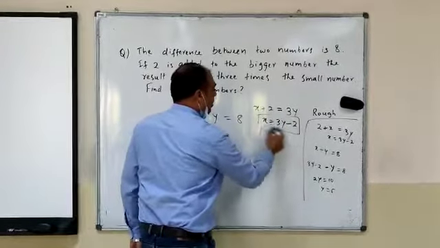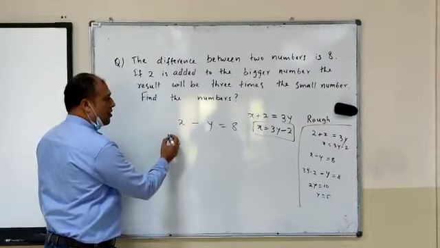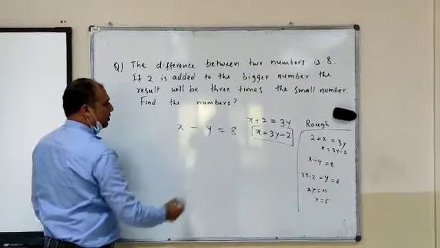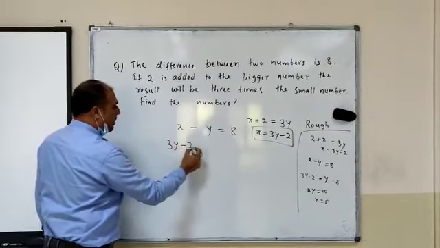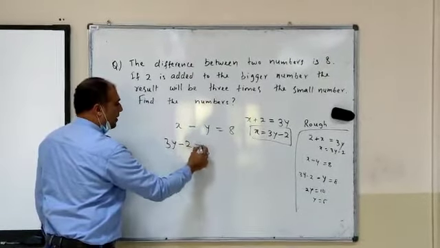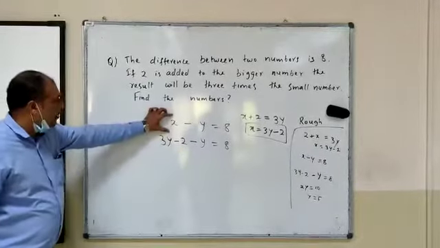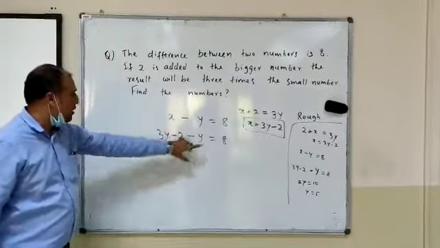So I got this number here. Fine. So here in this x I am substituting this value, that is 3y minus 2 minus y equals 8. In place of x, I have given this value here, 3y minus 2.